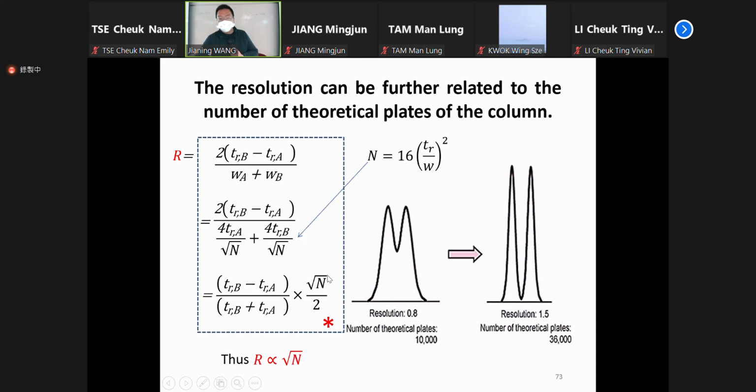N is another form of column efficiency measurement, right? And H actually is the same thing. So we connect column efficiency to R, also the band broadening to R, right? So this is their relationship.